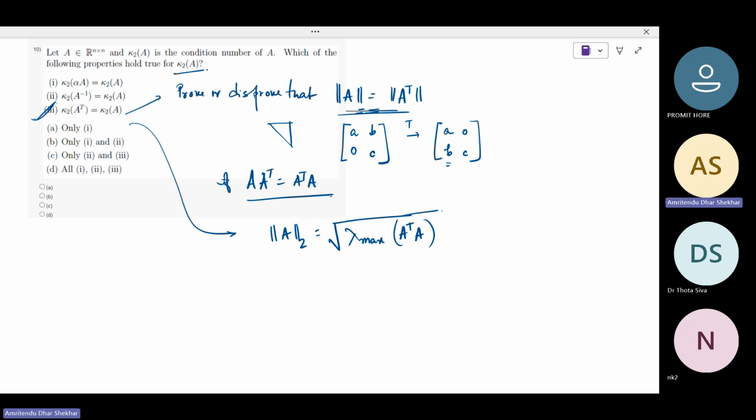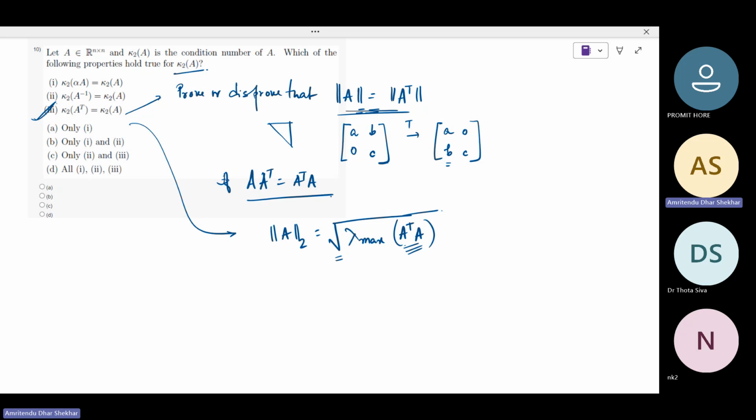So basically, if you have learned singular value decomposition, then the largest eigenvalue of A transpose A is basically the largest singular value in a singular value decomposition of A. So the largest singular value is going to be the operator norm.